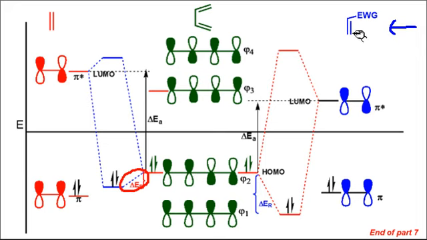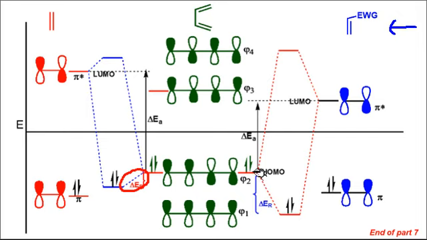Now, when we put an electron withdrawing group on the dienophile, that will reduce the energy of the LUMO. It won't change the energy of the HOMO of the dienophile. You can see that both are at the same energy level, but being more electrophilic in nature, it will reduce the energy of the anti-bonding orbital, so the energy gap between the HOMO and LUMO will be less. This energy gap will be the activation energy for this reaction.